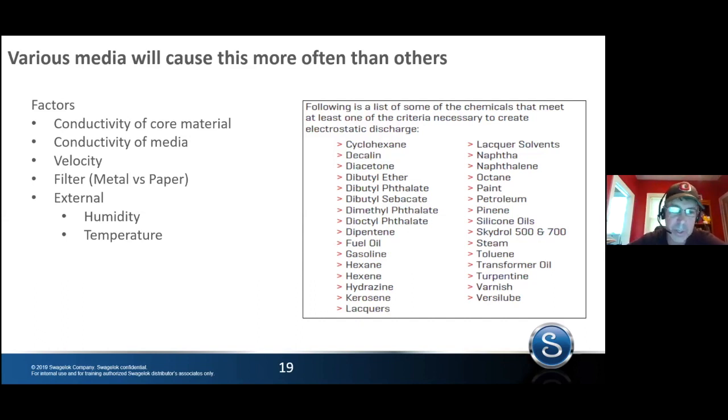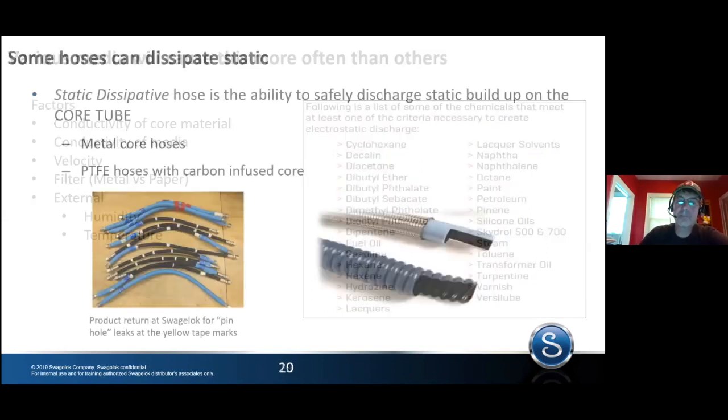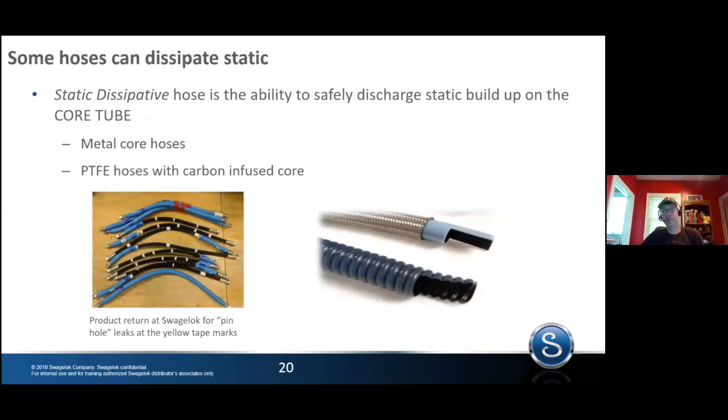So just the flow rate through the hose causes this. And then other things, of course, like humidity, temperature, everything you would expect from understanding static buildup. This is very easy to fix, and we don't see it fixed very often, though, and that's the issue.